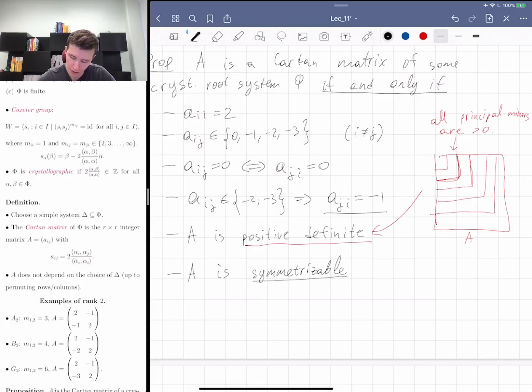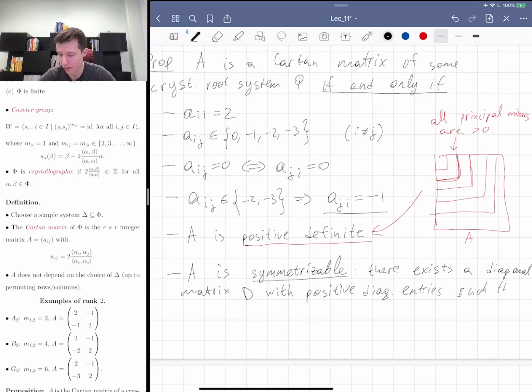Symmetrizable means that there exists a diagonal matrix D with positive diagonal entries such that D times A is symmetric.